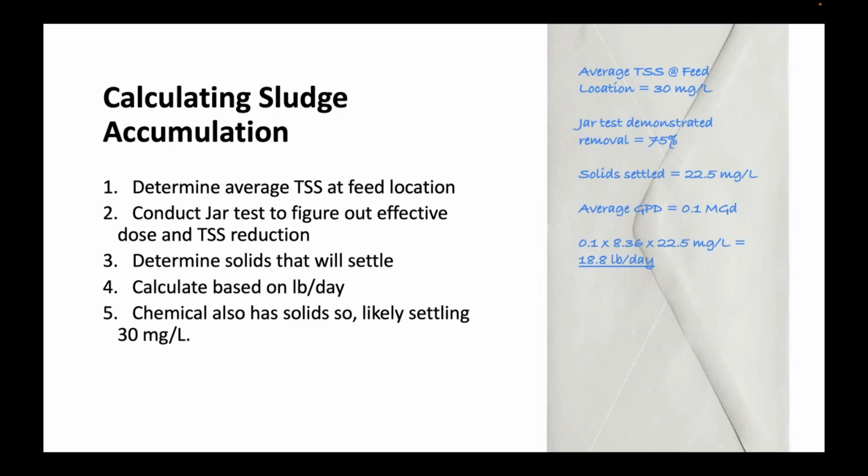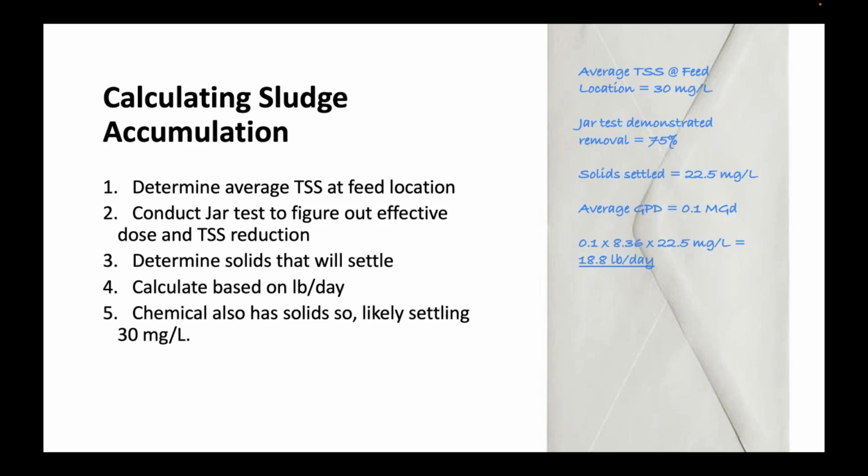That means you're going to be left with about 22.5 milligrams per liter of solids that are going to be settled. At 0.1 MGD, do the calculation: 0.1 times 8.36 pounds per gallon of water times the milligrams per liter gives you 18.8 pounds a day. So that's what you can expect to accumulate.